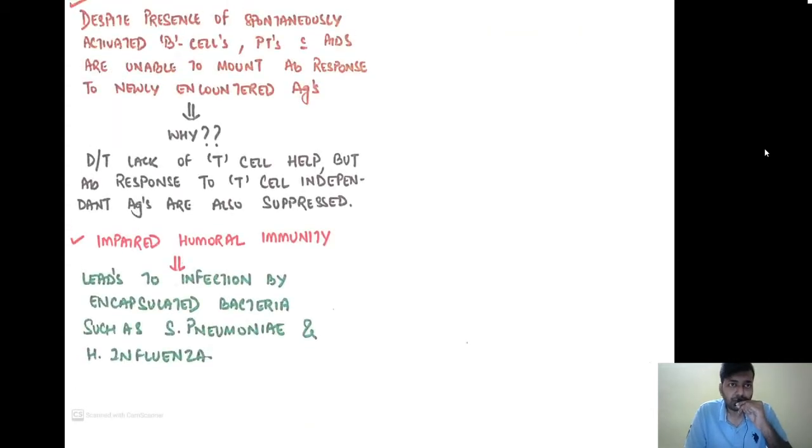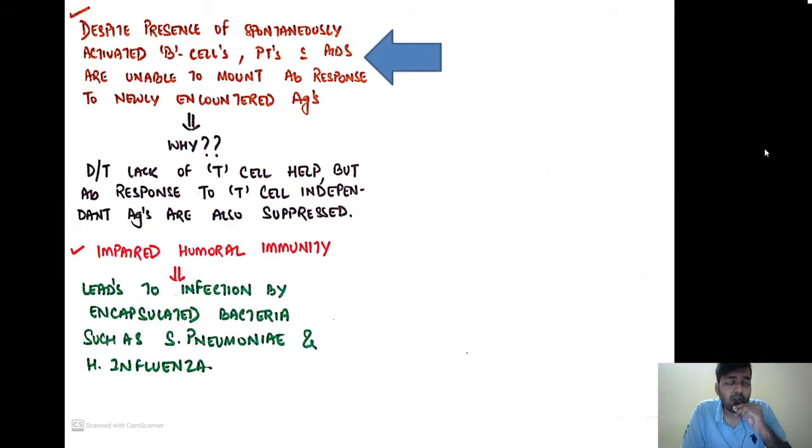Now you have to remember that despite the presence of spontaneously activated B cells, the patients with AIDS are unable to mount an antibody response to a newly encountered antigen. Why is it so? Because the B cell cannot act alone. They can act only after they receive some sort of help from the T helper cells.